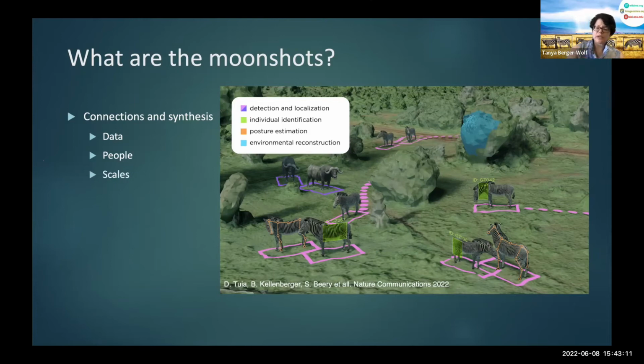We also need a technology and methodology that scales from individual to populations to species, from local and regional to a global planetary context, from the temporal scale of seconds, which is what GPS and other sensors typically give us, to long-term monitoring over the life of an animal or a population. And then we need connections among models and methods.